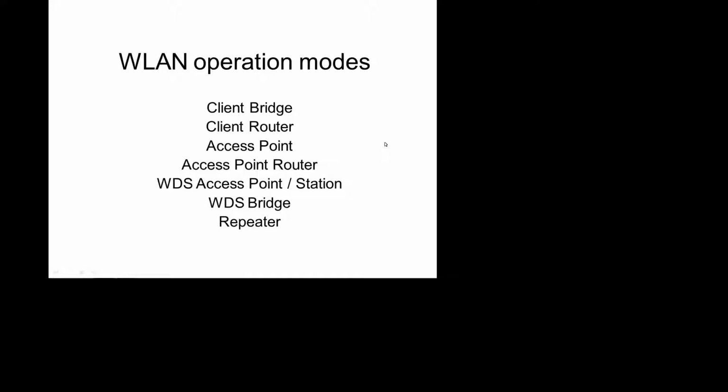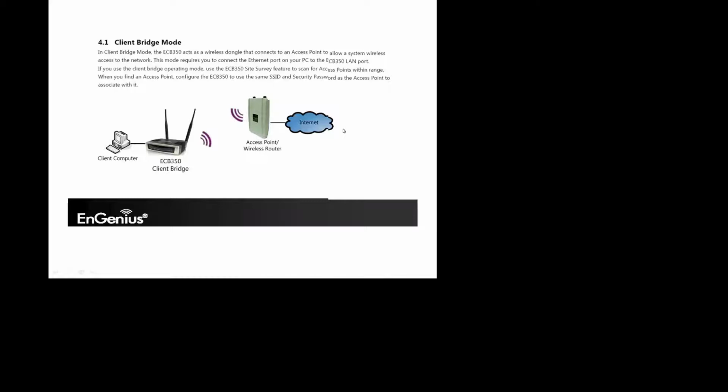As you can see on the screen, in the wireless environment, we have a number of components in the network. These are the most basic and most common that we use on a daily basis. The first operation mode here is a diagram showing the unit configured as a client bridge.